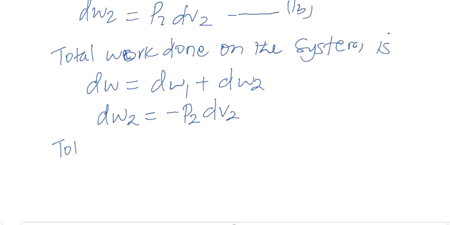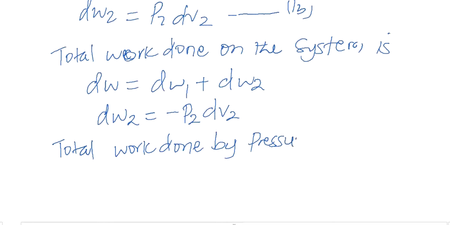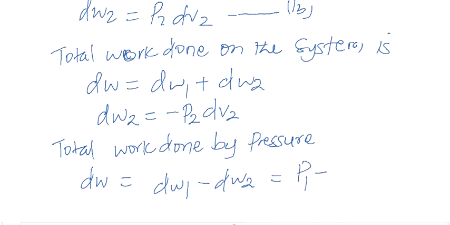Total work done by pressure, W, is equal to W1 minus W2, which is equal to P1 dV1 minus P2 dV2.